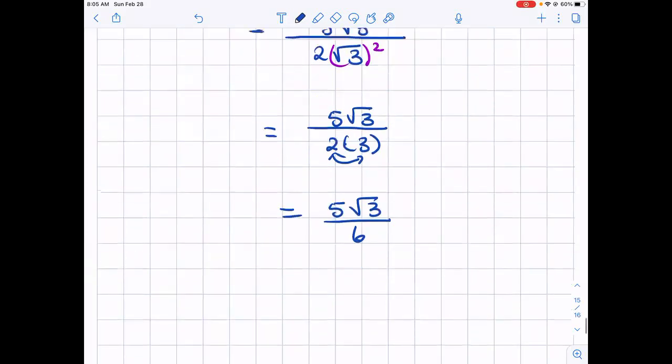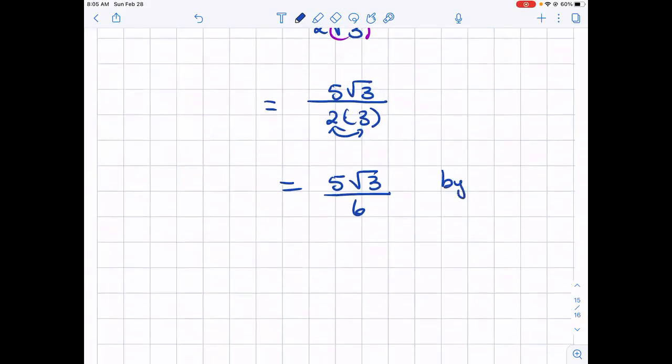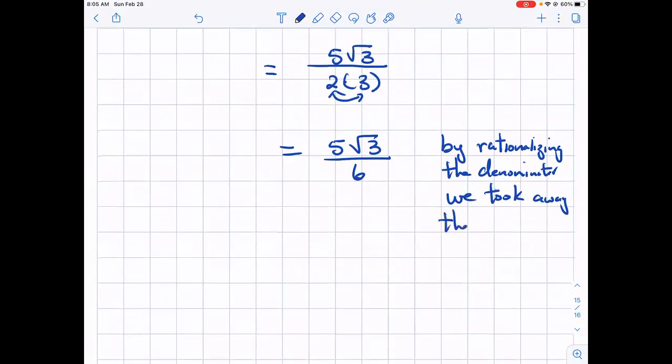Okay, so by rationalizing the denominator, we took away the root from the denominator.